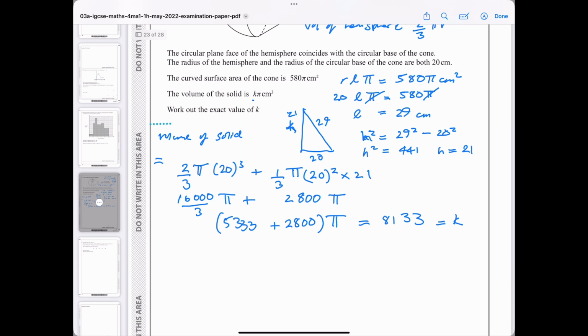So if you made it 16,000 divided by 3 plus 2,800, you would get K equals 24,400 over 3.